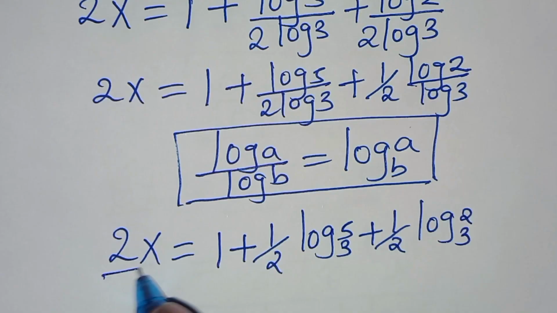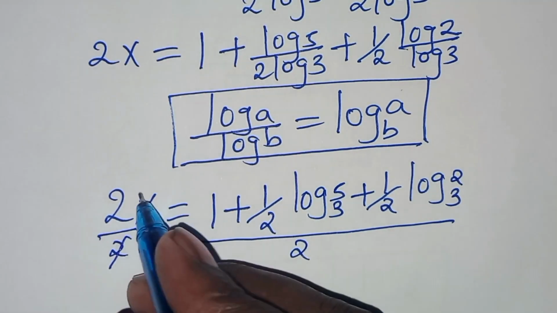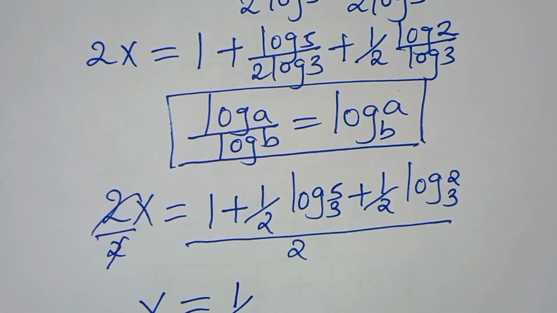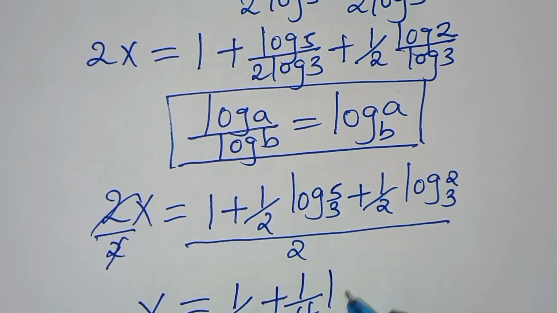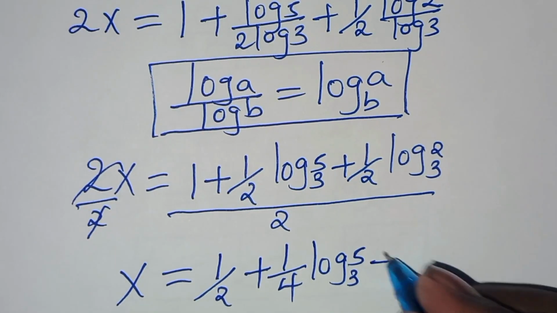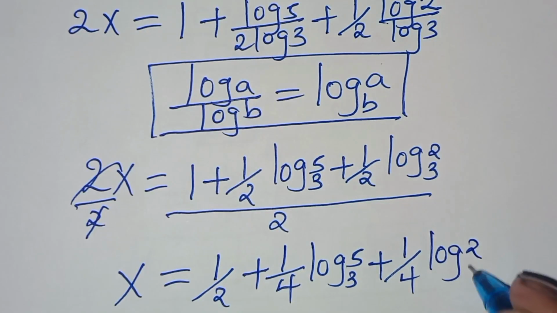So let's divide both sides by 2 here, so that now the value of x is equal to half plus 1 over 4 log 5 to base 3 plus 1 over 4 log 2 to base 3.